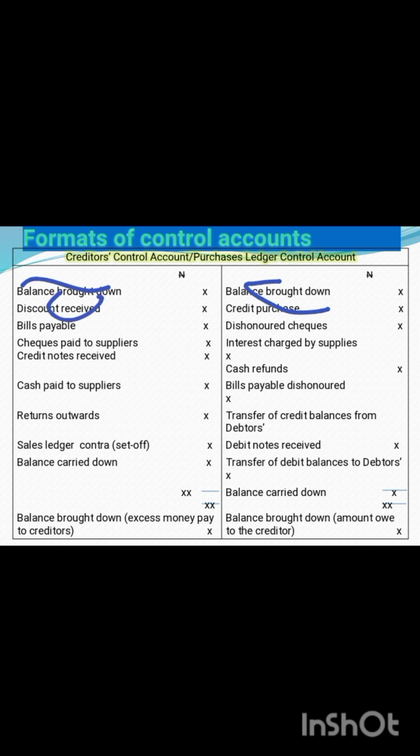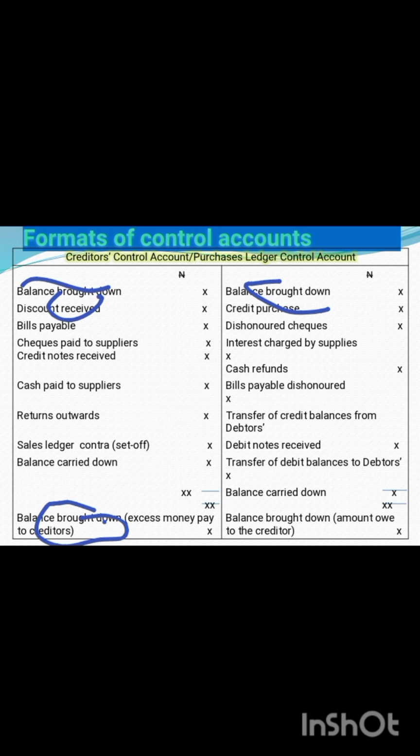This balance brought down that we have here indicates what? Excess of money paid to creditors. So when we have a debit opening balance, that is what it indicates in total creditor control account.